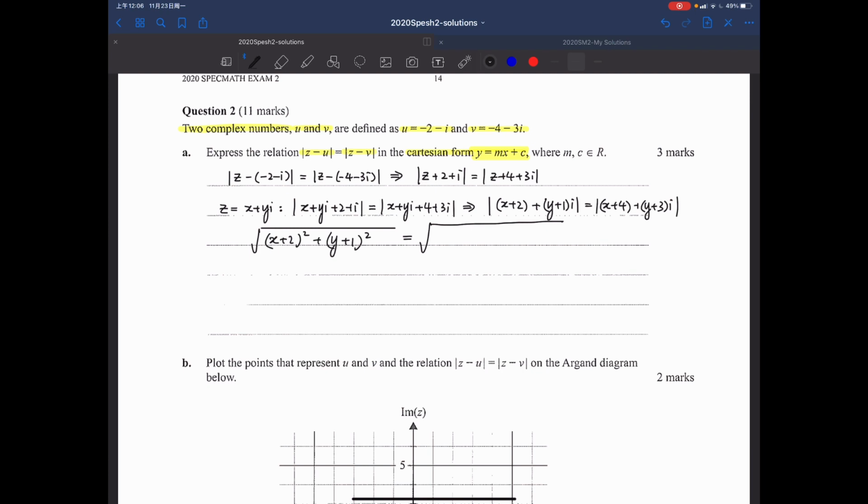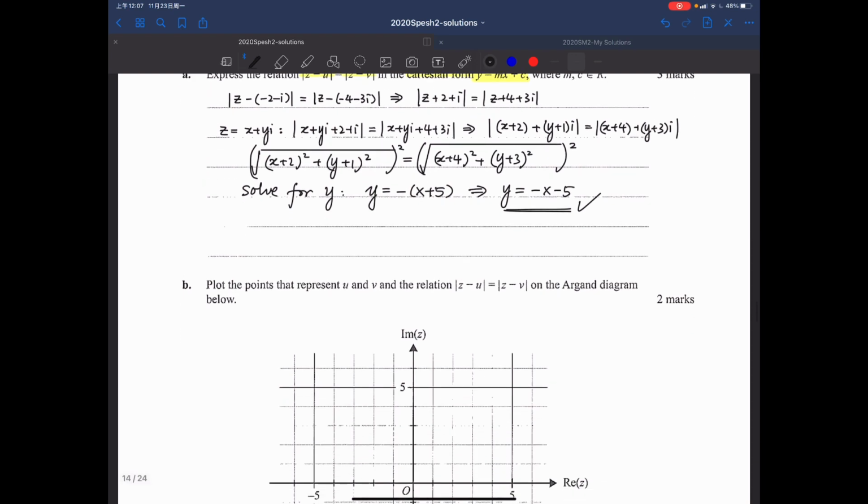You can just do 2 things in one line and say solve for y. y is minus (x plus 5), and in the form mx plus c, y equals minus x minus 5. Easy.